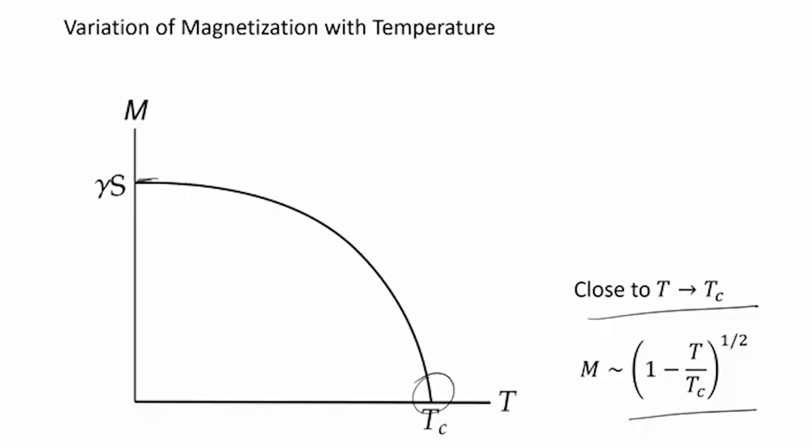And we found that the magnetization of the system as a function of temperature falls off like this, shown on your screen, and the characteristic behavior as T goes to Tc is 1 minus T by Tc to the power half.